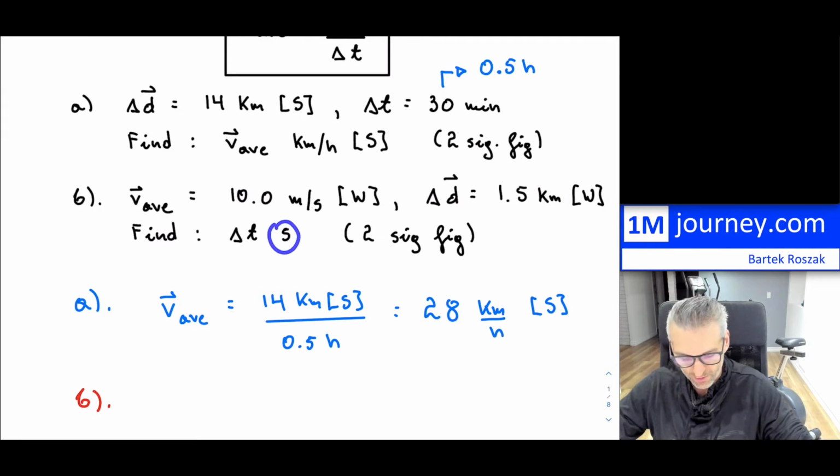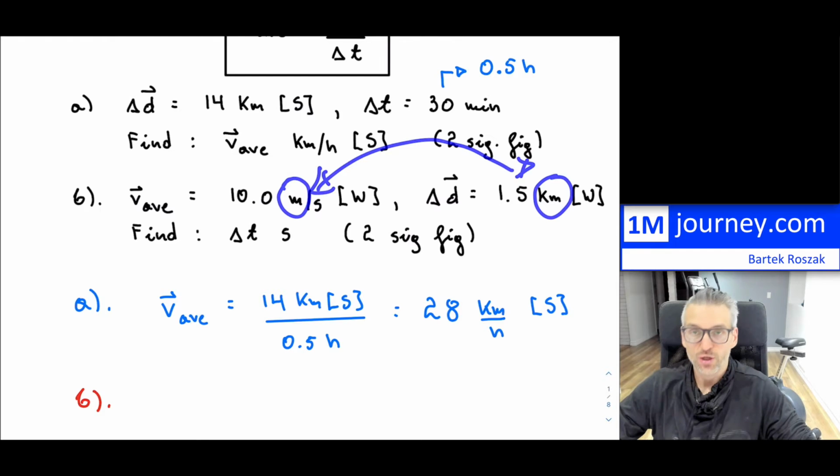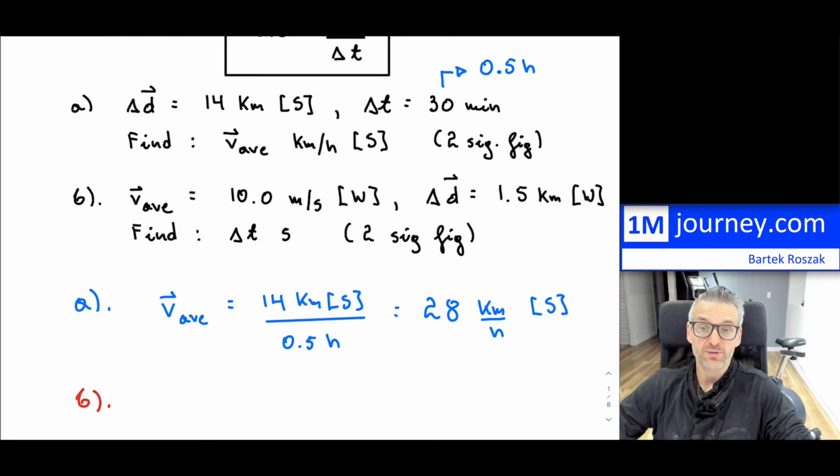Time, I have no kilometers, but I do have the units right here. So notice this one is meter, this one is kilometer. Are they consistent? No. So you have to make them consistent. Now, because we're just worrying about time, it doesn't matter which one you pick, meters or kilometers. But if it's not necessarily stated, it's probably easier to just go with SI units.